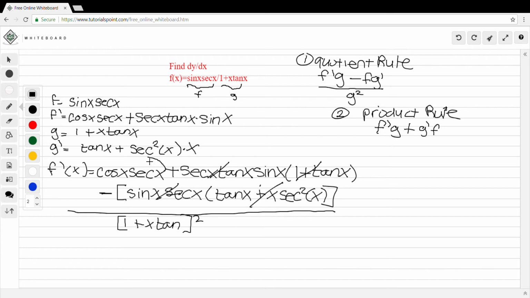You're left with cosine x and then secant x as the numerator, all over 1 plus x tangent x squared.